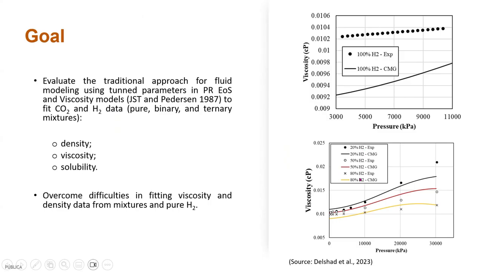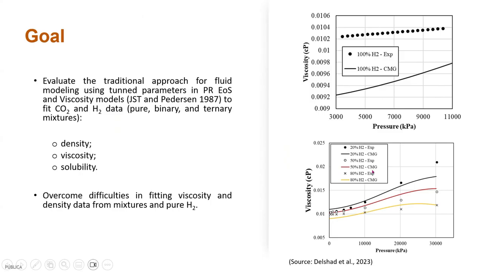So this mixture is between hydrogen and methane, I think. I need to double check, but the relevant point to highlight here is that the amount of hydrogen is variable. So you have data for 20% hydrogen in the mixture, 50% hydrogen in the mixture, and 80% hydrogen in the mixture.